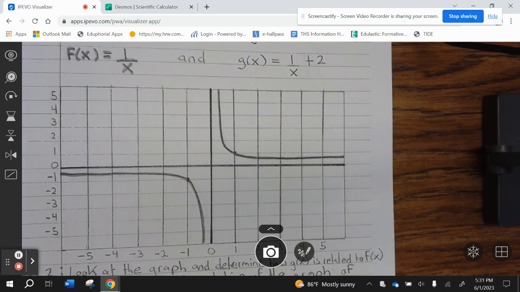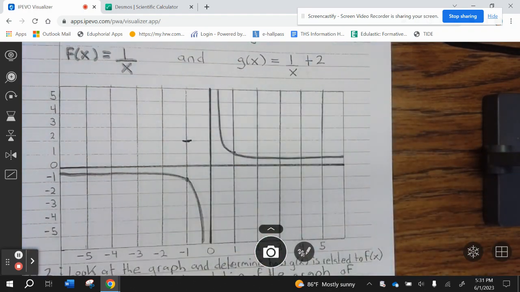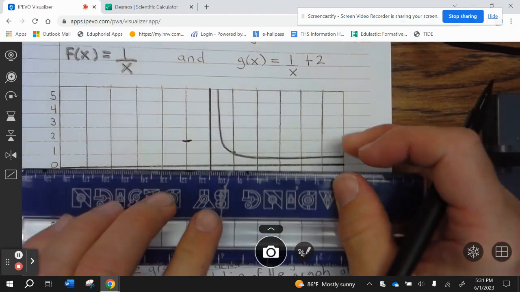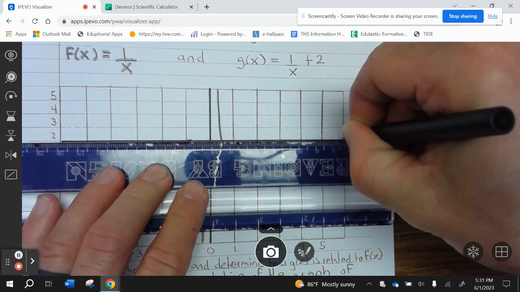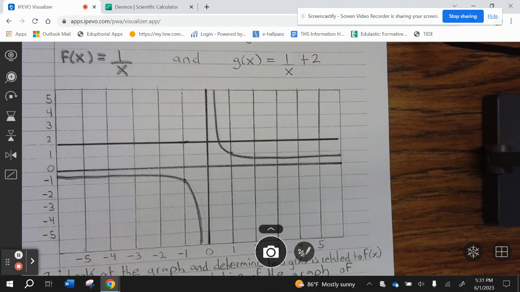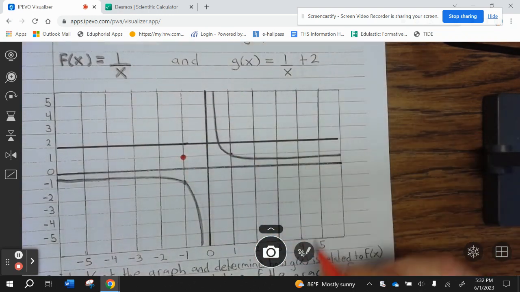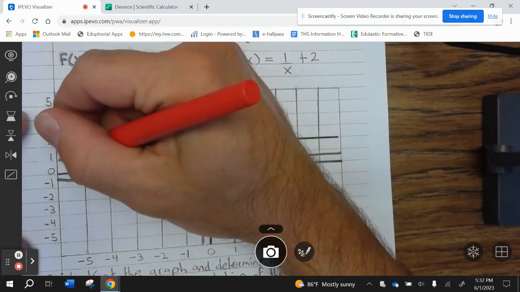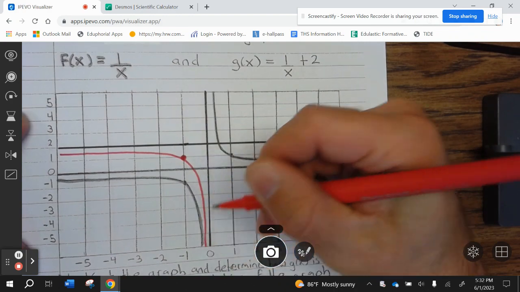Okay, so your asymptote here goes up 1, 2. So your horizontal asymptote is now up 2. And then this point goes up 1, 2. Now the vertical asymptote doesn't change, so your graph looks like this.